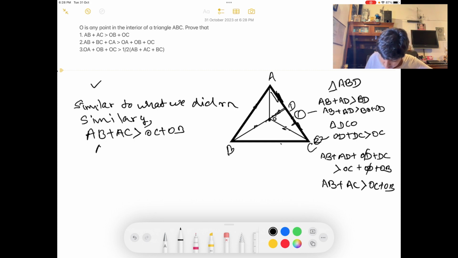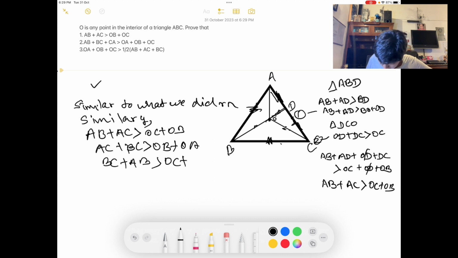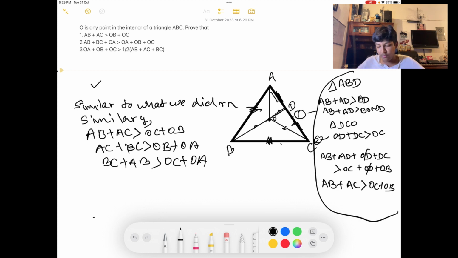Similarly, we can show that AC plus BC is greater than OB plus OA, and BC plus AB is greater than OC plus OA, right? And this is also using the same property we used over here.